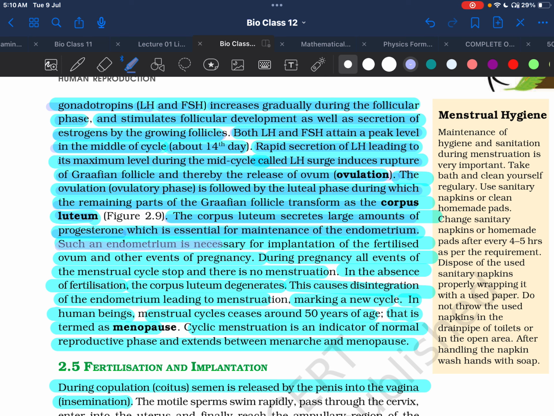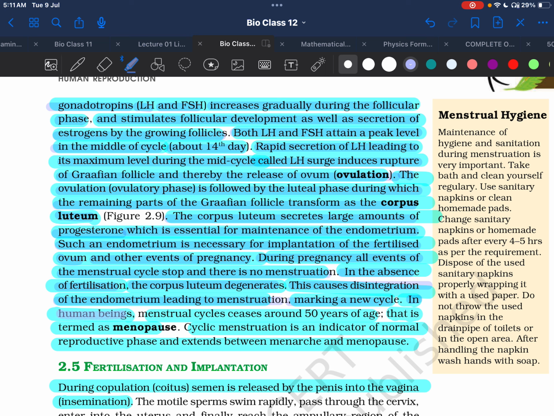Such an endometrium is necessary for implantation of fertilized ovum and other events of pregnancy. During pregnancy, all events of the menstrual cycle stop and there is no menstruation. In the absence of fertilization, the corpus luteum degenerates. This causes disintegration of the endometrial lining, leading to menstruation, marking a new cycle.